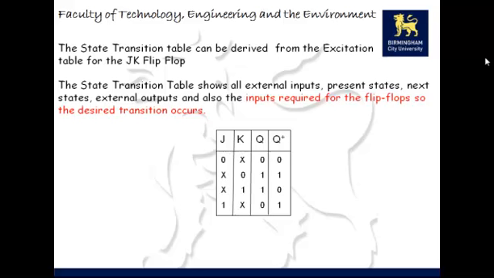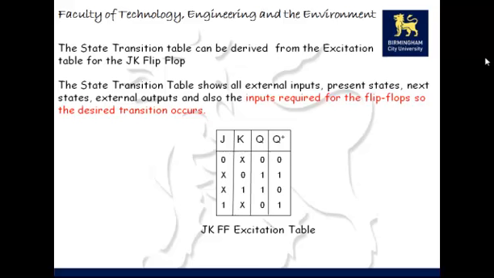Now what we're going to do is derive the state transition table. And this is nothing more than what inputs do you need for the JK flip-flops for those transitions to occur. Now we can look at the excitation table for a JK flip-flop, and it's almost a tedious task really of converting a state table to a state transition table, but we're going to have to do it.